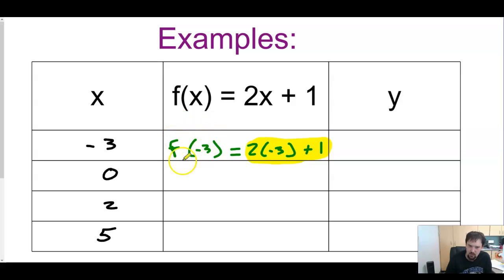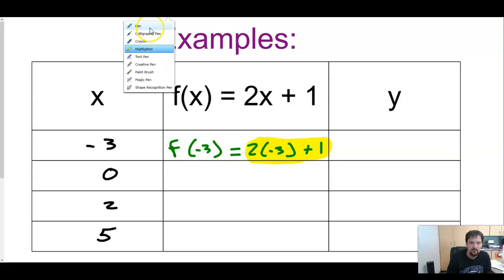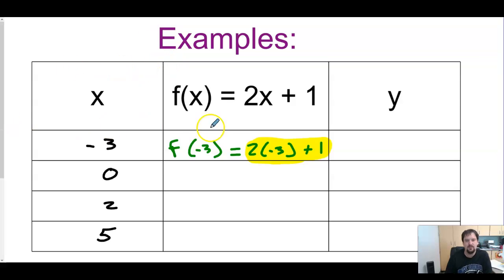Remember, this is kind of like my y equals, so this just sits there. That's just telling me what number I plugged into my equation. So don't try to solve anything on this side. If I come back here, 2 times negative 3 is negative 6, plus 1 is negative 5.